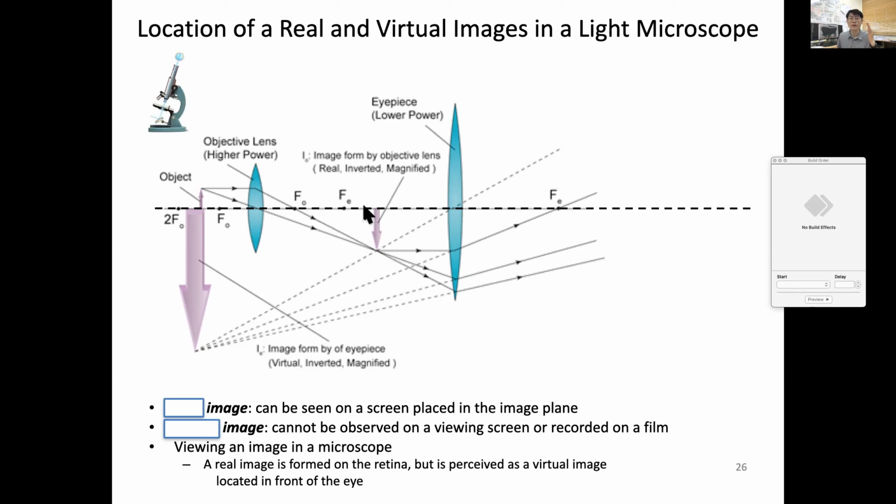As I described from the lens equation previously, if the object location relative to this lens is shorter than the focal length of the lens, what happens is the rays coming out of this object will not focus on this space because they are diverging.